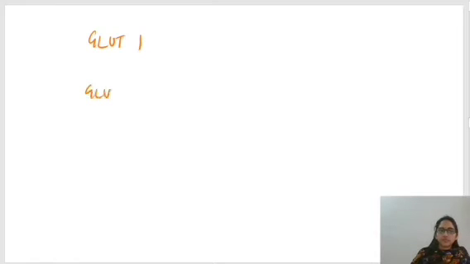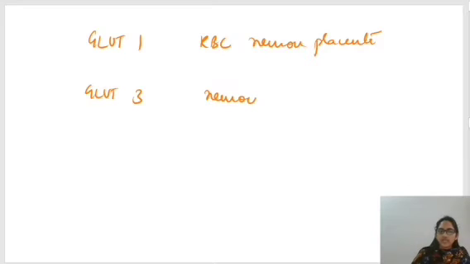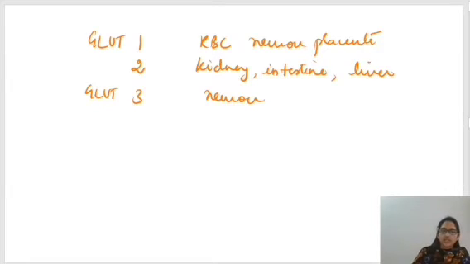GLUT1 and GLUT3 are present in RBCs, neuron, placenta. And GLUT2 is present in kidney, intestine, and liver. These three organs are involved in regulation of glucose.